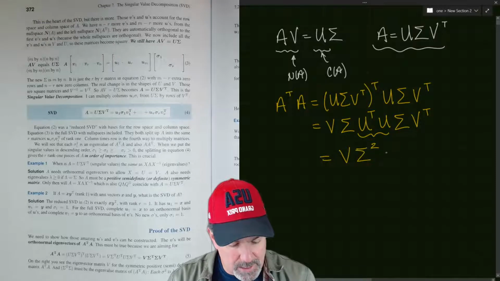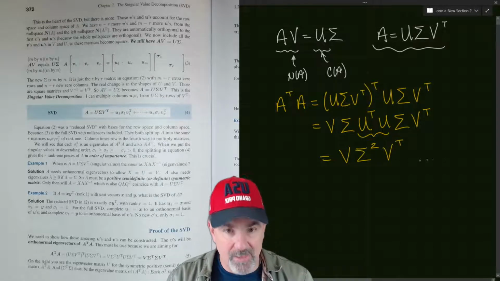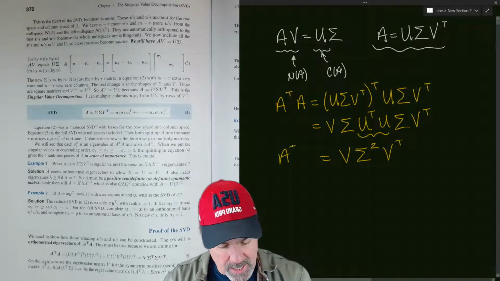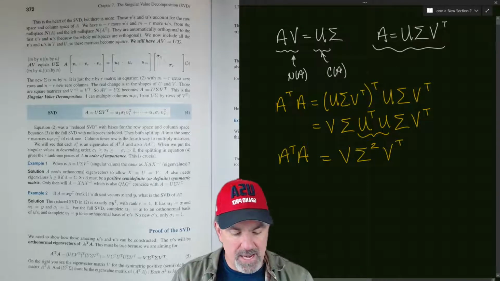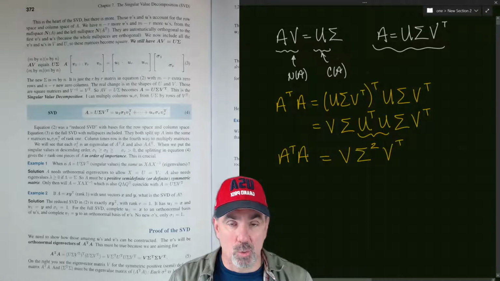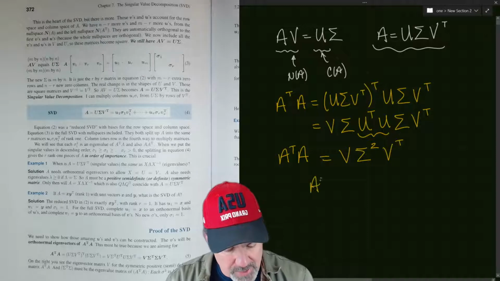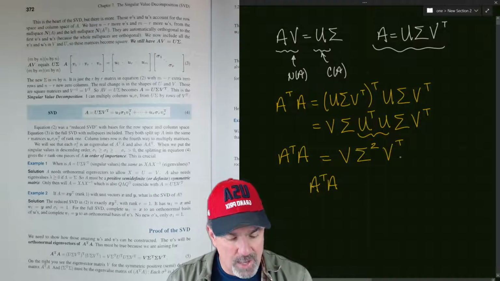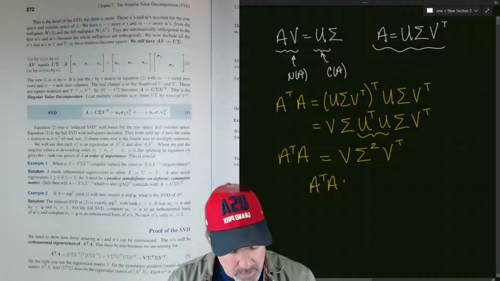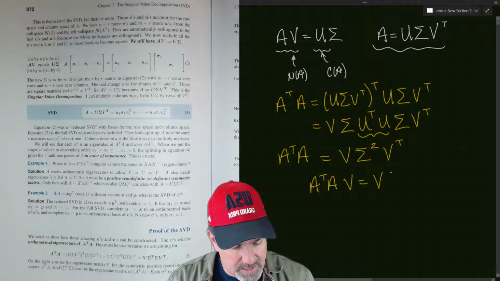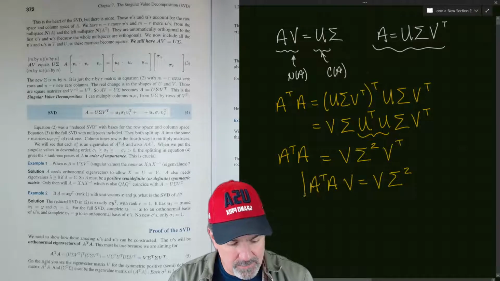So where this leaves us is V times sigma squared times V transpose. And that's equal to A transpose A, which now fully explains why we follow the procedure that we do when we calculate singular value decomposition. One more step here: A transpose A, I'm going to right multiply by V. A transpose A times V is equal to V sigma squared. And what does this look like to us?